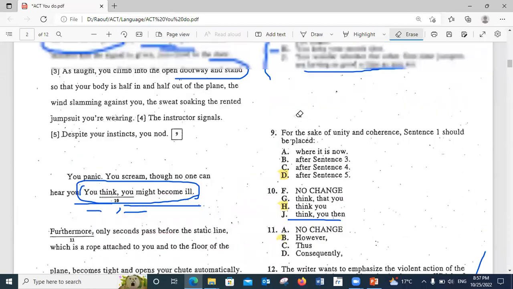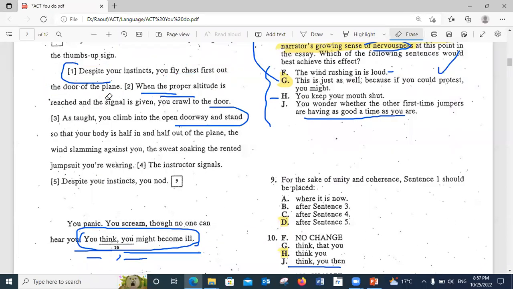And after sentence 5, he said, despite your instinct. I'm sorry, your voice is lagging, Yusuf. Can you hear me, Habibi? I'm sorry, your voice was lagging.